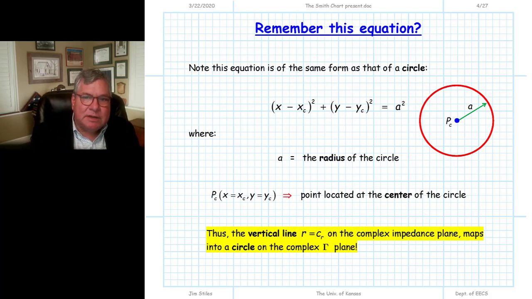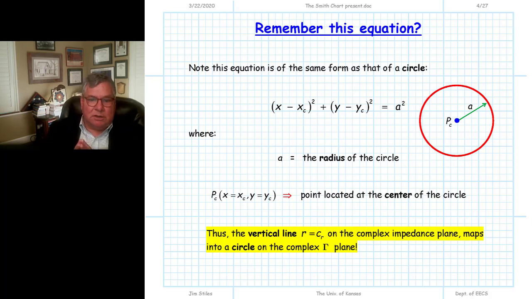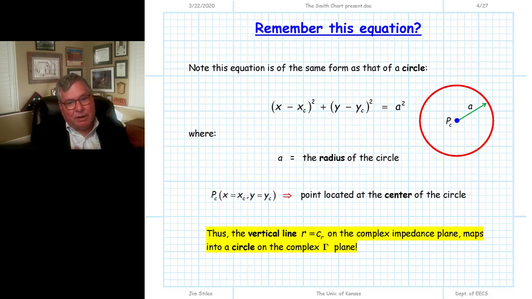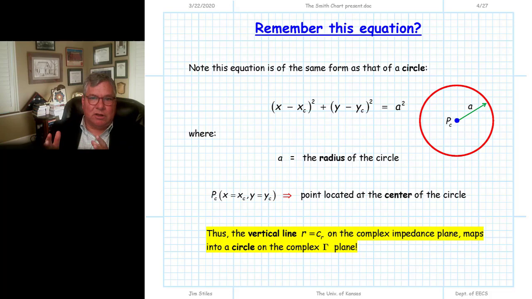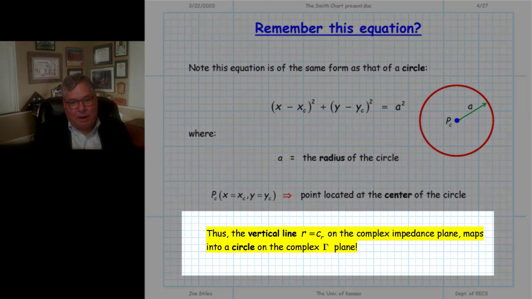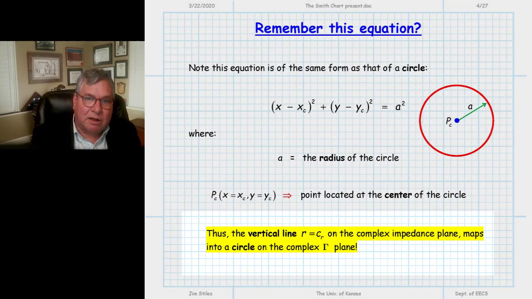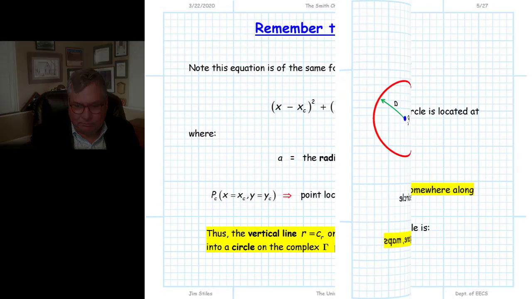So let's see how this applies to our result for the mapping onto the complex gamma plane of our vertical contour on the complex normalized impedance plane. Our vertical contour of r is equal to CR, where there is some number. How do we apply this equation of a circle to the result shown on the previous slide?